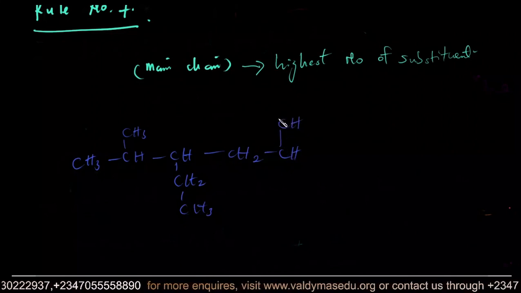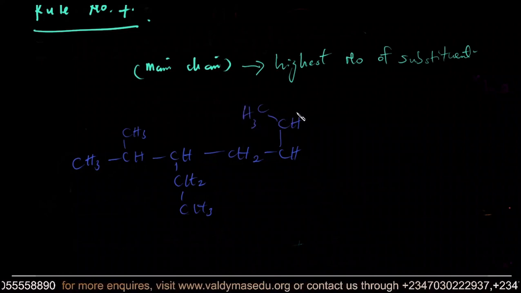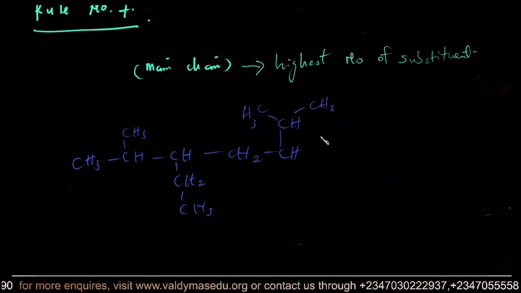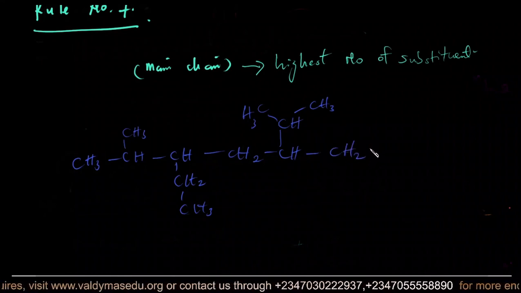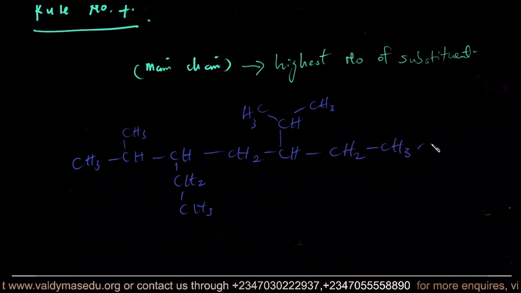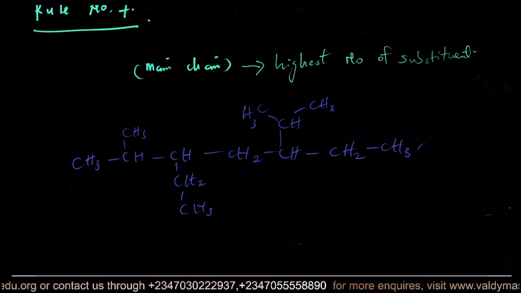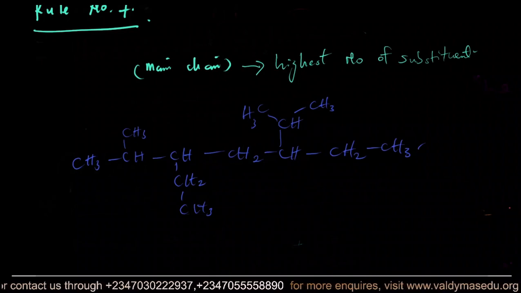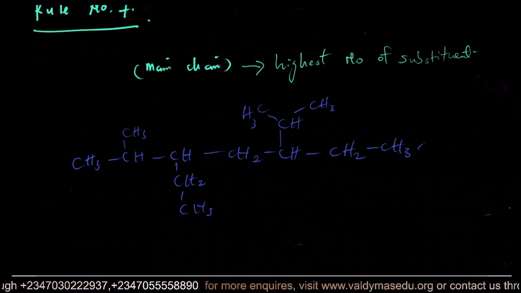Don't forget, you have to obey the tetravalency of carbon and the monovalency of hydrogen. So now let's start the numbering of the carbon atoms to know our longest continuous carbon chain.